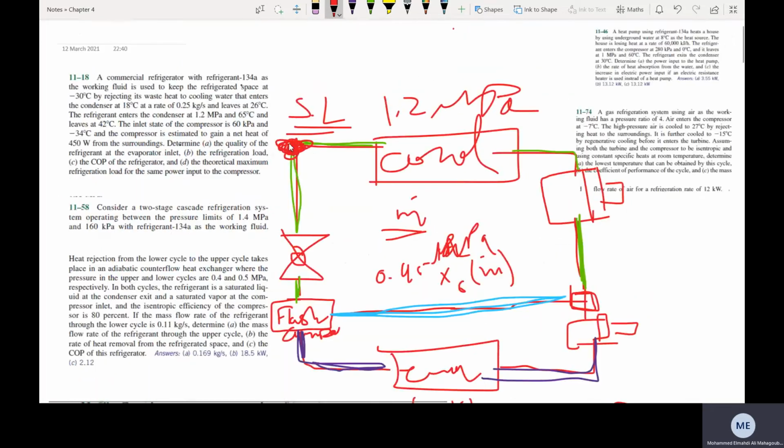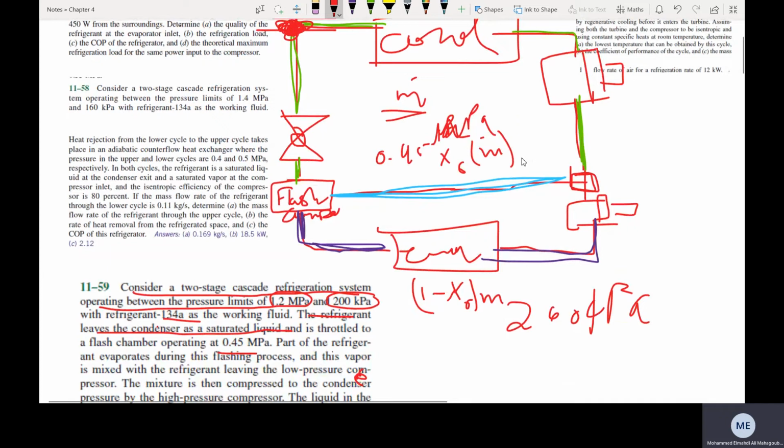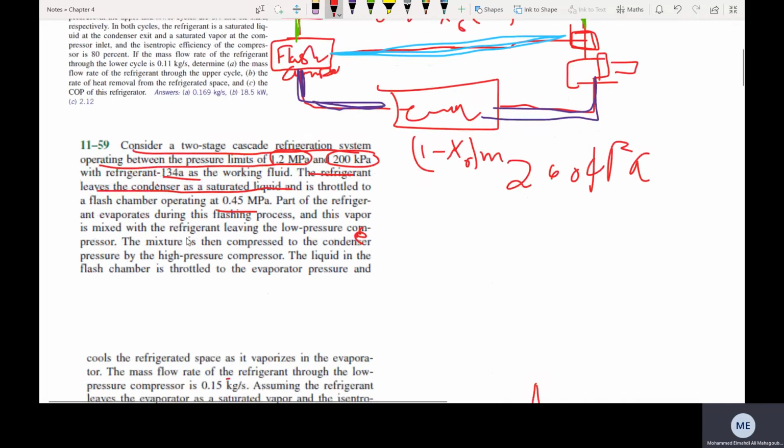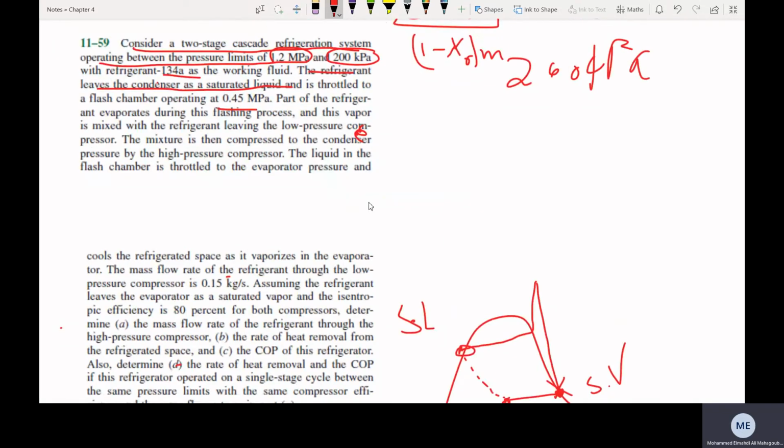But now he tells me that he wants this one saturated liquid. Does he want the compressor inlet to be saturated vapor or not? Let me continue. The mixture is then compressed to the condenser pressure by the high pressure compressor. The liquid in the flash chamber is throttled to the evaporator pressure and cools the refrigerated space as it evaporates in the evaporator. The mass flow rate of the refrigerant through the lower pressure compressor. So where is the lower pressure compressor?